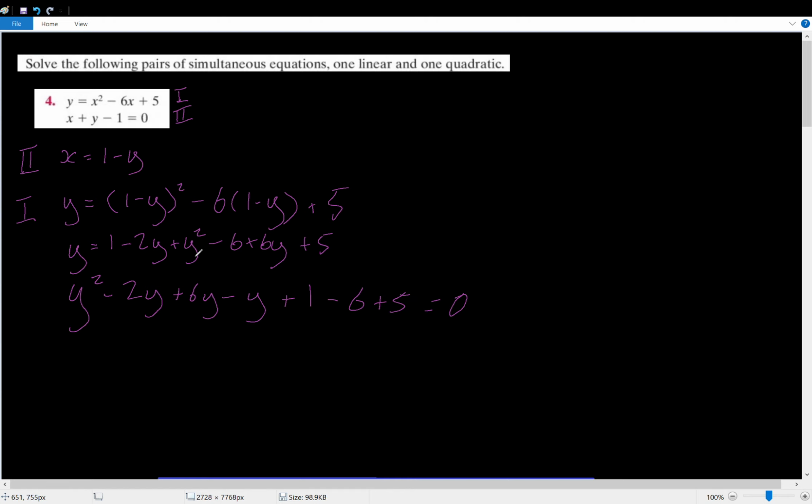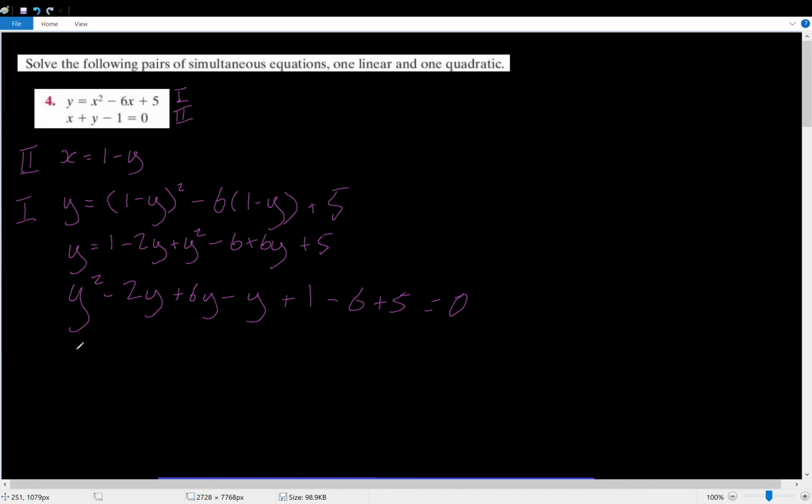So the y squared was just here, the minus 2y was just there, our 6y came from over there, our minus y came from the other side of the equals and came across, our 1 was at the start of our equation, and then we had our minus 6 and our plus 5. And rather than write the 0 equals over to the left hand side, I just wrote equals 0 on the right hand side. So that's all that's happened here.